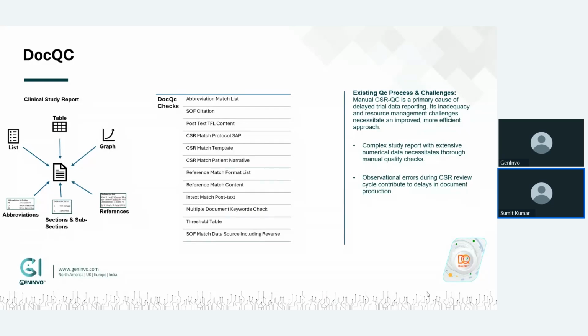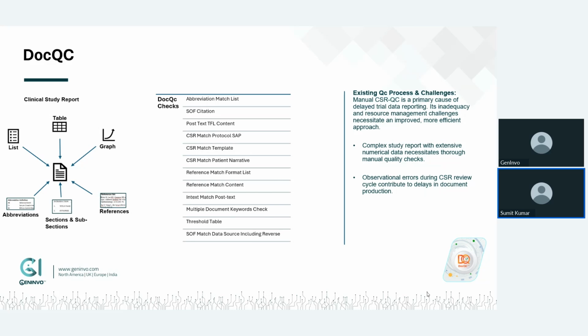This not only increases the time it takes to complete the quality check, but also increases the chances of errors slipping through the review process. These errors can have implications for clinical trial outcome and patient safety. In addition to the time constraint, the cost associated with conducting manual QC can be exorbitant. The need for skilled personnel and extensive resources adds to the overall expenses of this process.